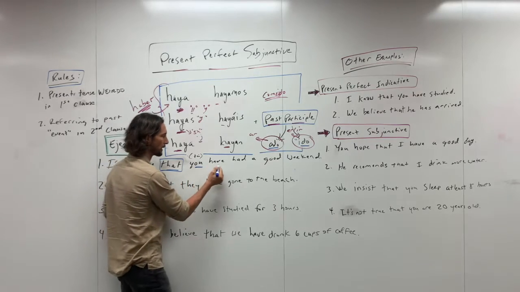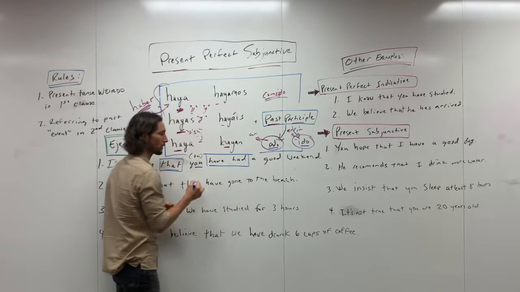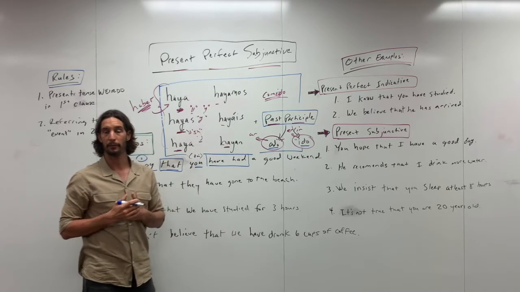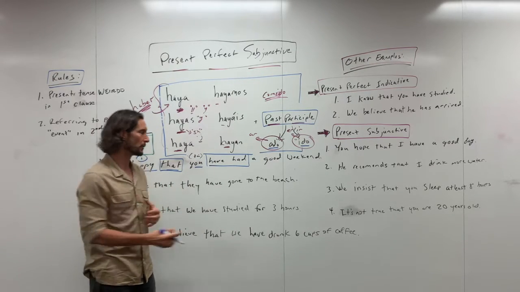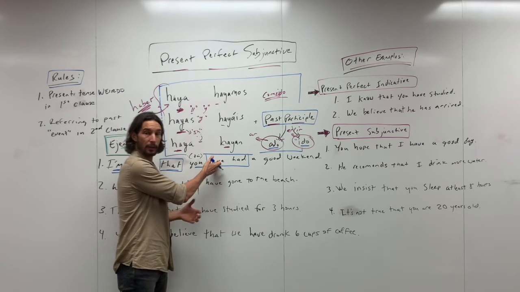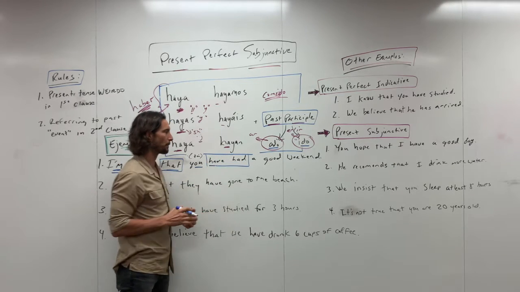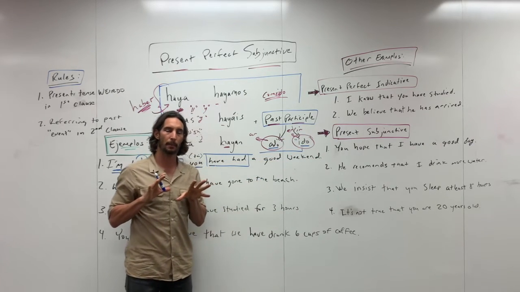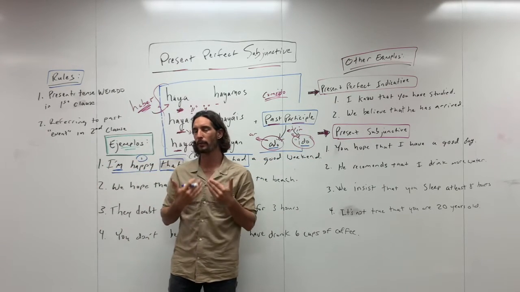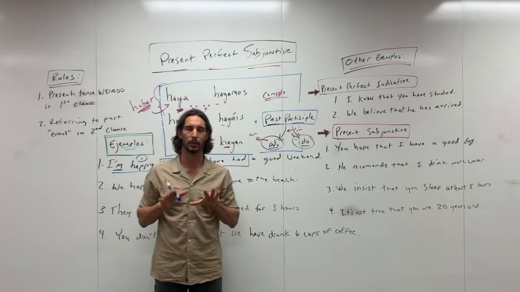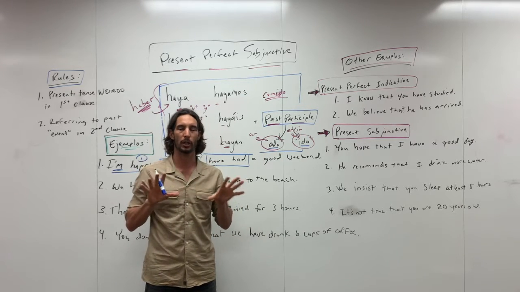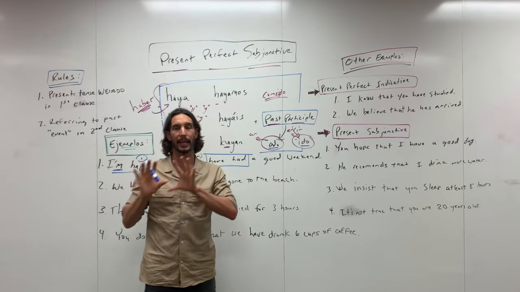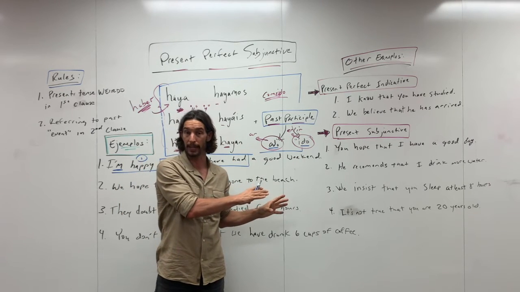Because we're working with the present perfect subjunctive, you have "have," the helping verb, if you will, and then a past participle, and then the rest of the sentence. That's the structure I want you to keep in mind: a two-clause structure where subject-verb in one clause dictates that you use the subjunctive in the second clause.